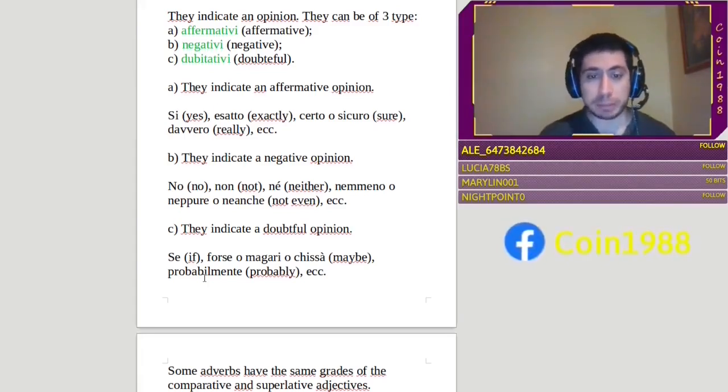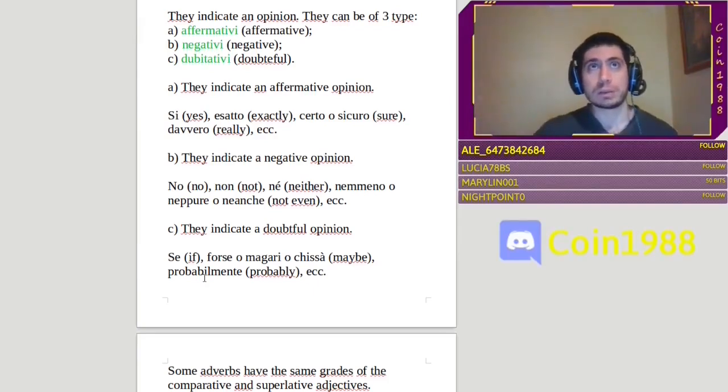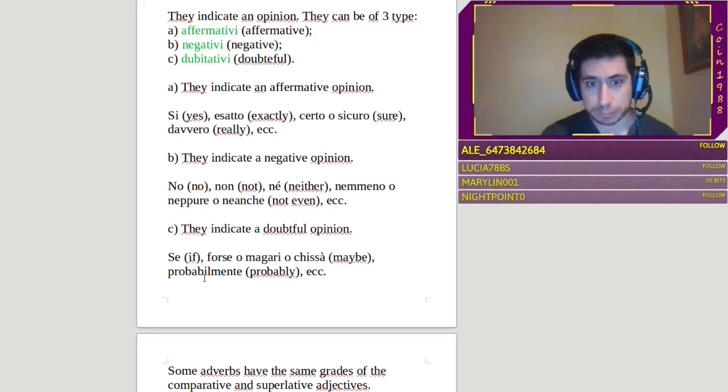It is maybe when you say it near another word, for example, magari un giorno andremo al mare insieme. That means maybe one day we will go to the sea together. Yes, it is maybe in that case. Yes, I understand. It is clear.